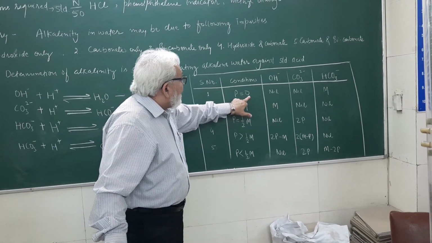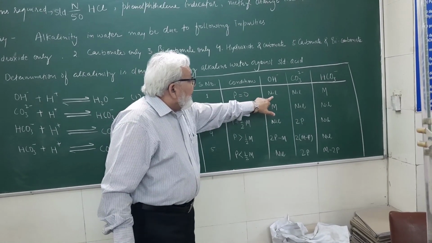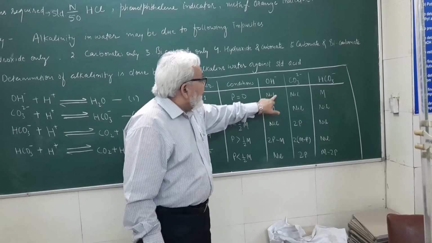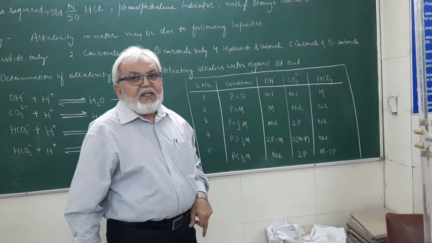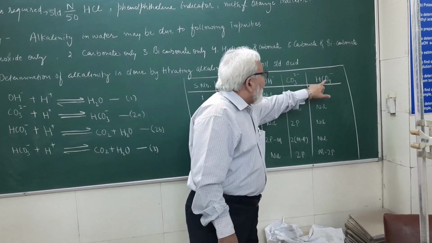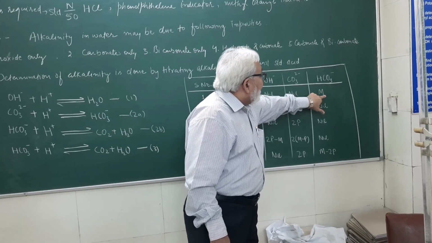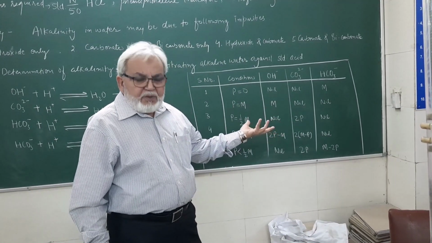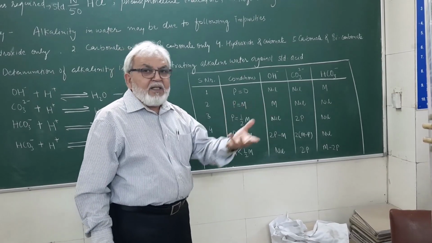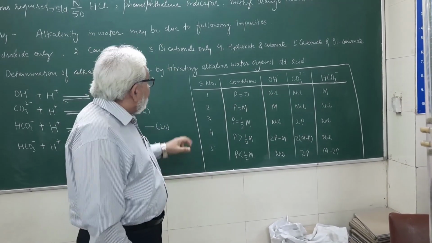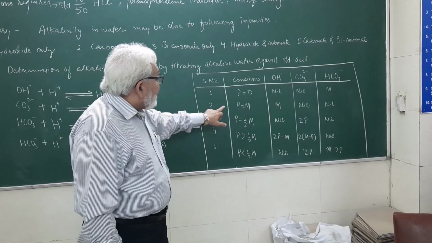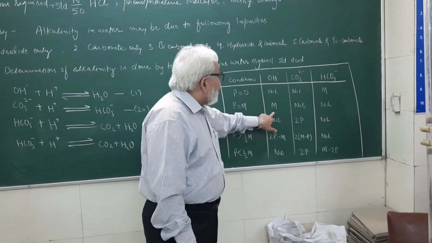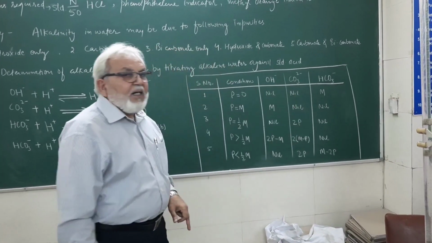Under that condition, it is considered that hydroxide ion is not present, carbonate ion is not present, and alkalinity is due to bicarbonate only, which can be expressed as M. P and M will be told to you just now when we start the titration. Condition number 2 is written as P equals M. Under that condition, only hydroxide is present, carbonate and bicarbonate are absent.